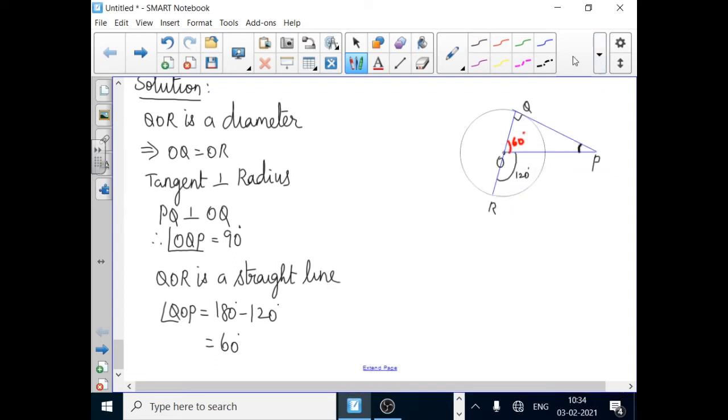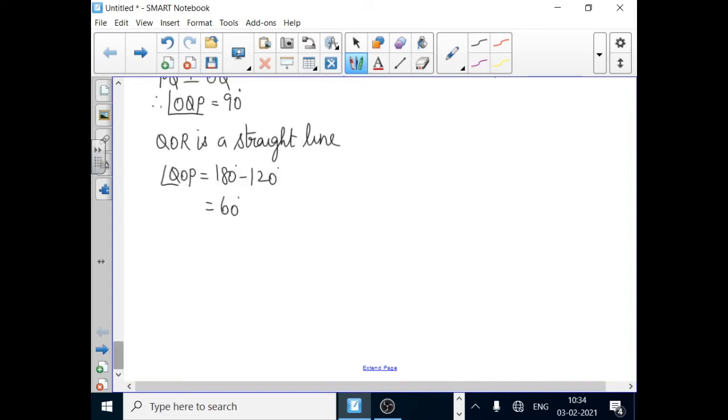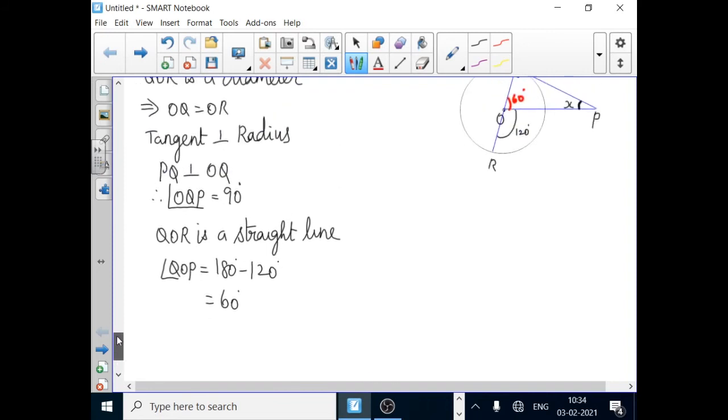So we can mark it in the diagram as X. So we can write it as, let angle OPQ be equal to X. Mark X in the diagram also. One angle is 60 degree, and that one is X.